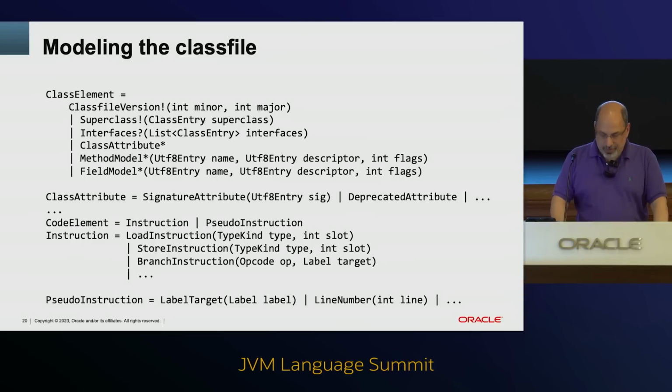The instructions are things like loads and stores and branches, and the pseudo instructions are things like there's a label whose destination is this point in the instruction stream, or at this point in the instruction stream, the line number is 27, right? So obviously the whole model is bigger than one slide, but you've seen all of the modeling mechanism that's needed in order to do this.